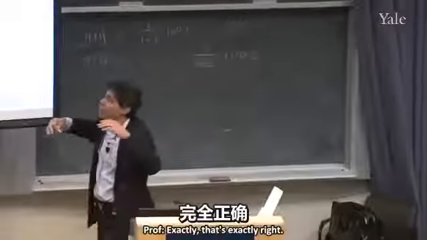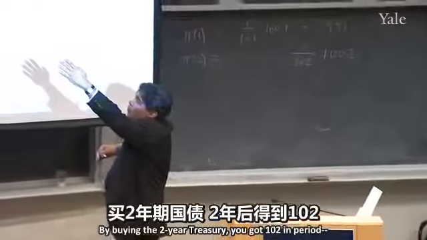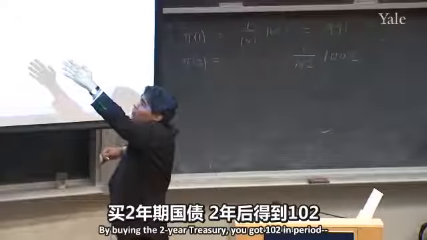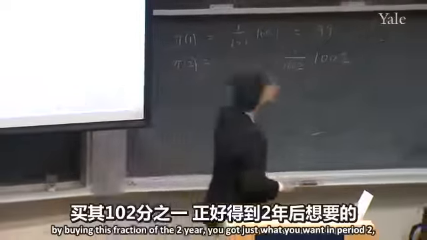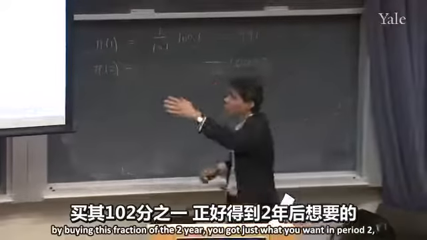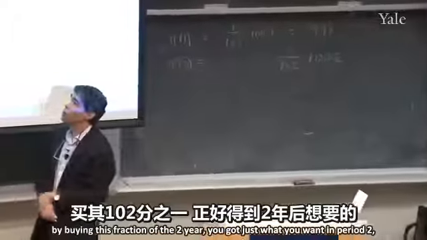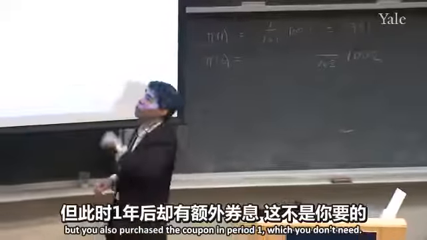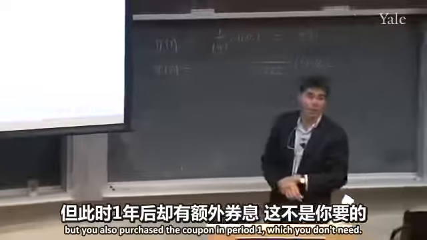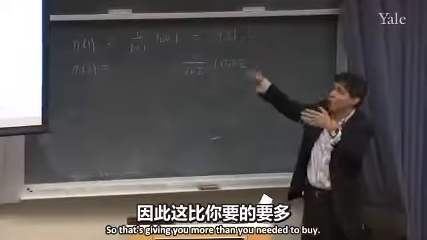Exactly, that's exactly right. By buying this fraction of the 2-year treasury, you got just what you want in period 2, but you also purchased the coupon in period 1, which you don't need. So that's giving you more than you needed to buy.